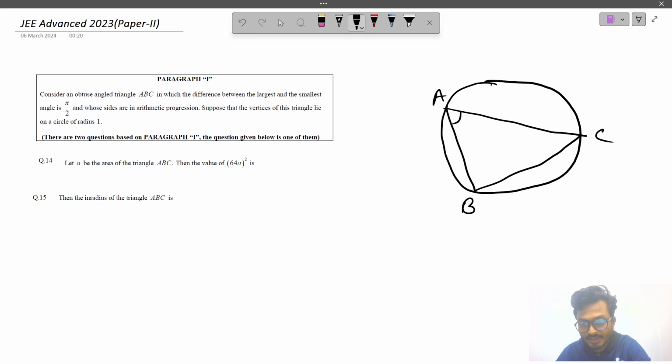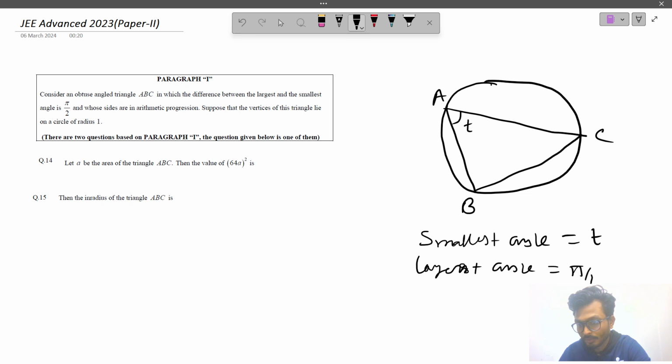Now suppose this angle is T, and this is the smallest angle. So what is the largest angle? The largest angle will be pi by 2 plus t, because the difference between the largest and smallest angle is pi by 2.